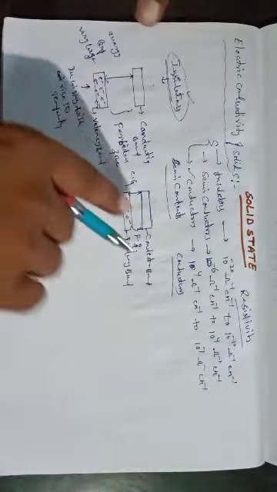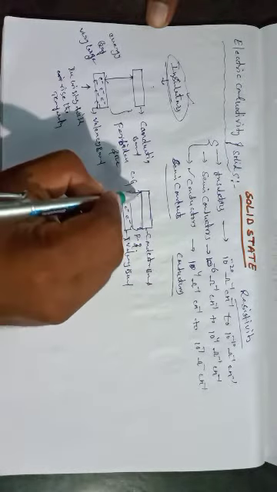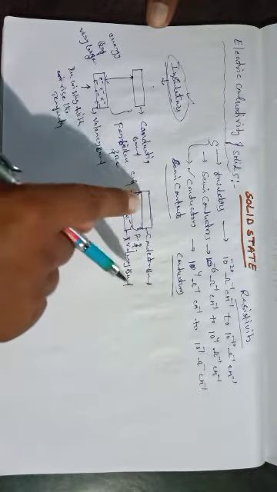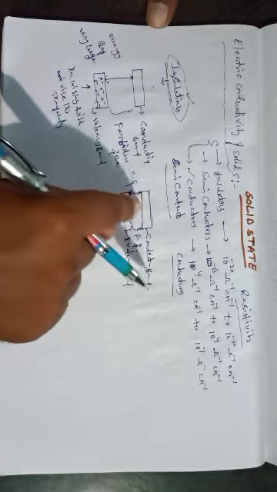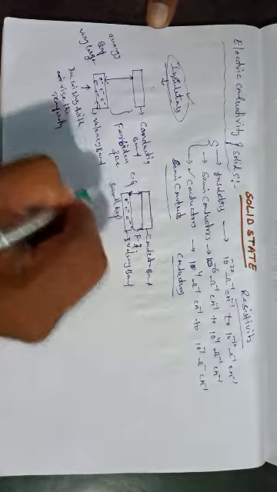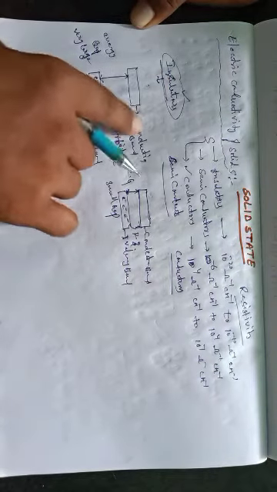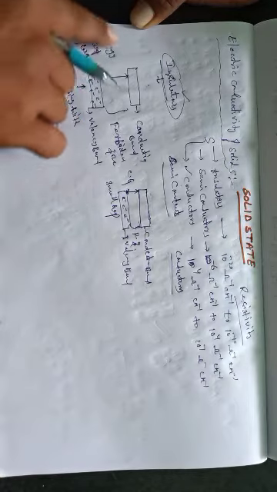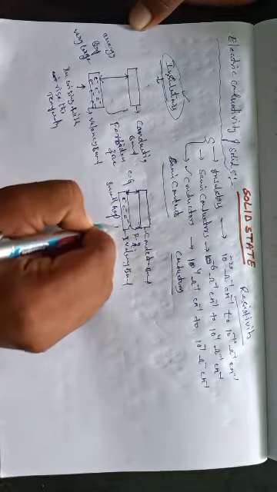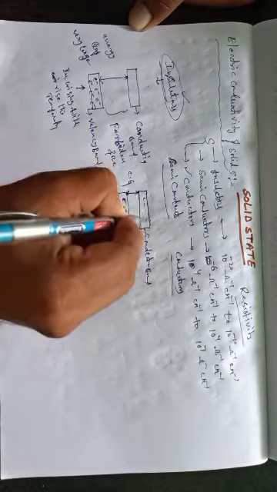Okay, students, in semiconductors the energy gap between conduction band and valency band is a small gap. But in insulators, the energy gap between conduction band and valency band is very large.